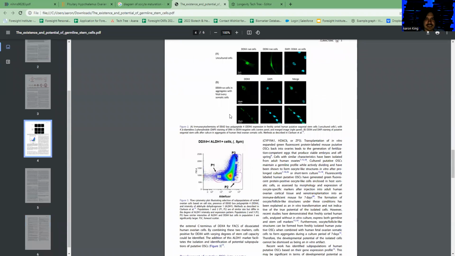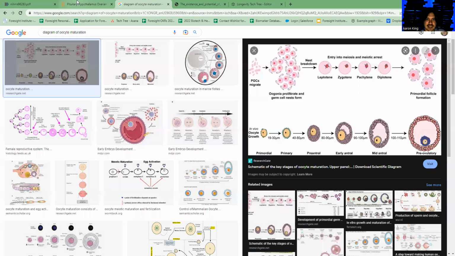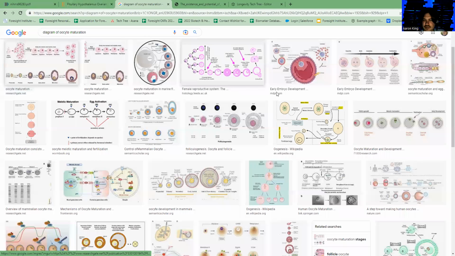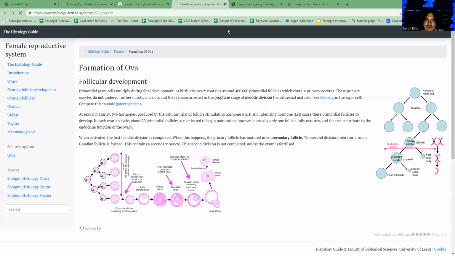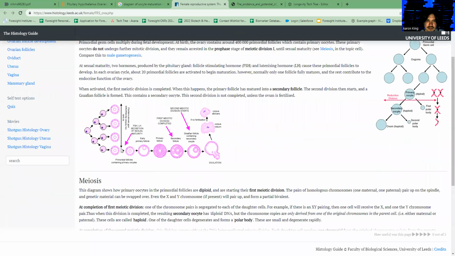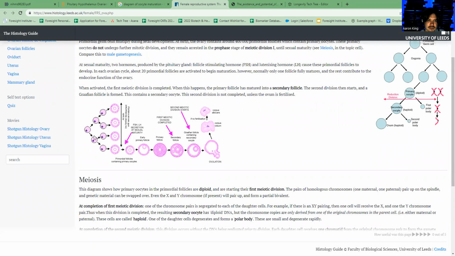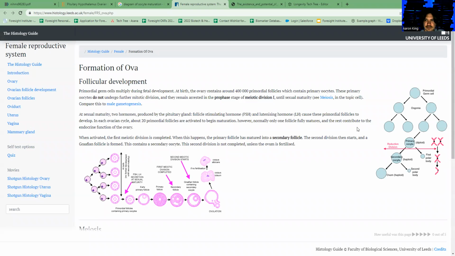Any other diagrams that actually have an oocyte in them? Oh, this looks promising. What is going on here? Germ cell, oogonia, primary oocyte, secondary oocyte, ovum. Okay, all right. This is what I was looking for.